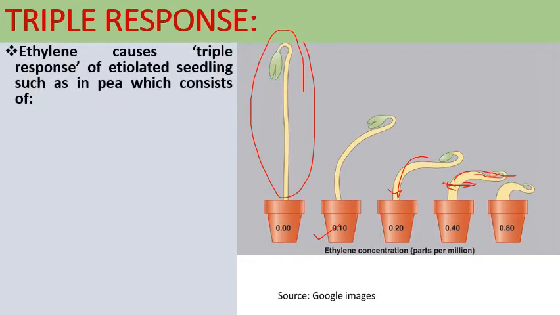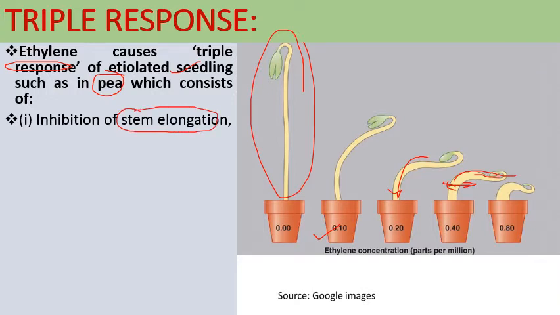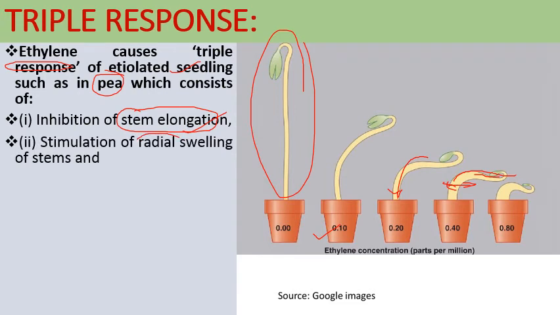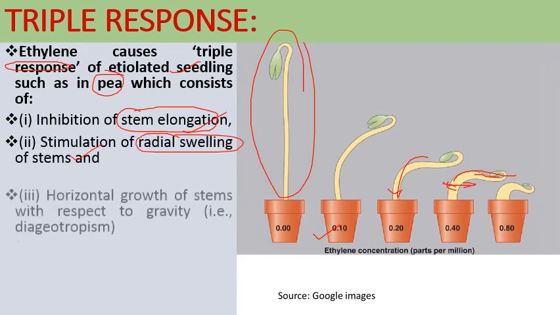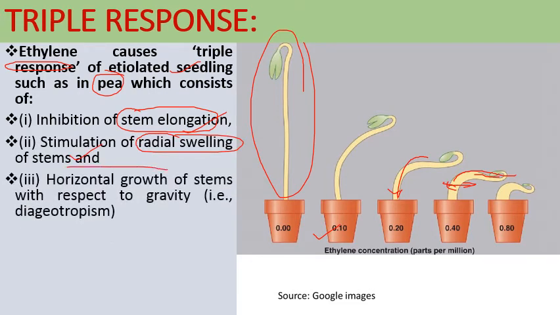So ethylene causes the triple response in etiolated seedlings such as pea seedlings, which consists of: the first one, inhibition of stem elongation, the stem doesn't grow well; then stimulation of radial swelling of the stem; and the third one is horizontal growth of the stem with respect to gravity, and this is known as diageotropism.